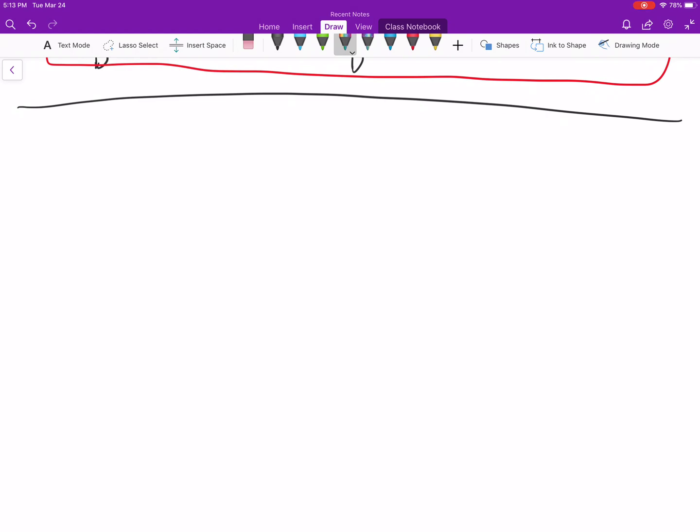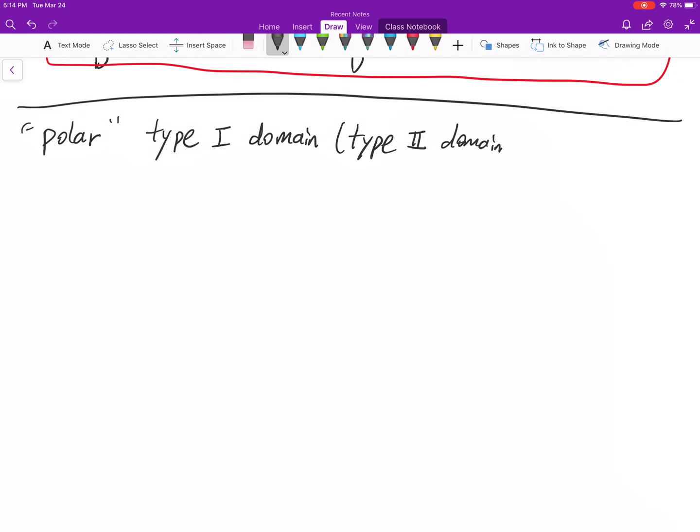Okay. Next, as soon as we figure out this one, then if you are ambitious enough, you will probably be interested in the following domains: polar type 1 or type 2 domains.